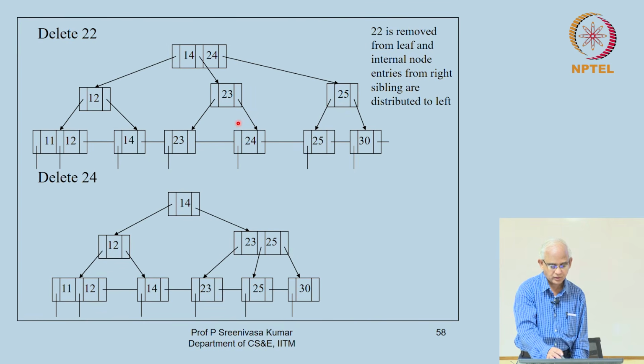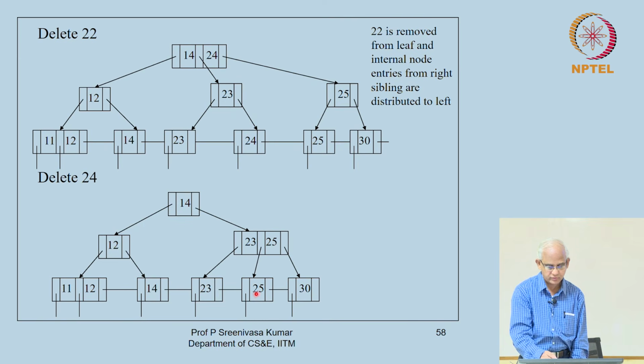So basically when you have deleted 24, then this particular internal node has only one leaf, which is not allowed. So these two will collaborate and redistribute the subtrees among them. If they cannot do that, they will simply merge into one tree and then take care of the subtrees.